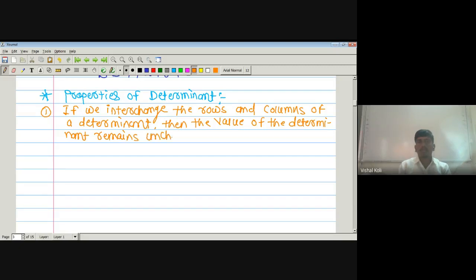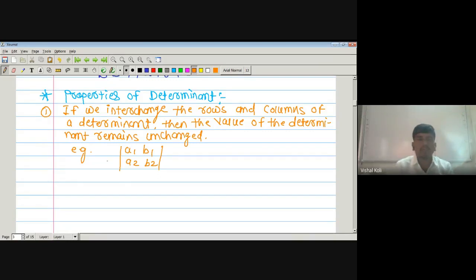So the first property says that if we have any determinant of order 2 by 2, and if we interchange its rows and columns, then there is no effect on its determinant value.